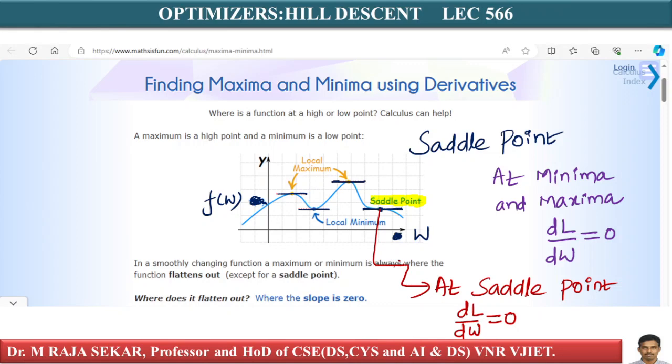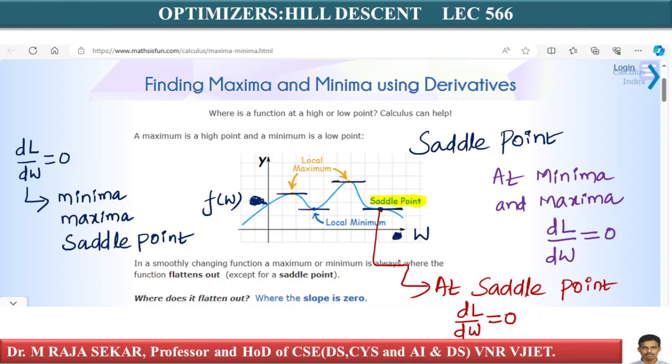It is 0 for maxima and minima, and not only that, it is also 0 for a saddle point. So the derivative equal to 0 could imply that you are at minima or maxima, or it could be at a saddle point. All three are possible.